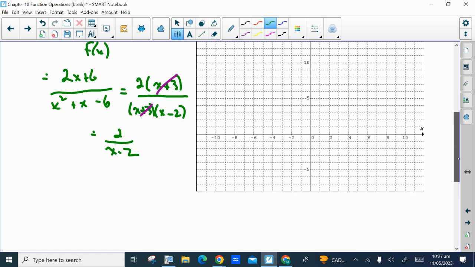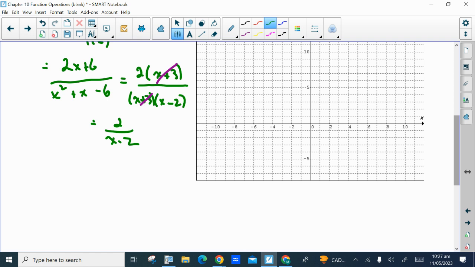So remember back from chapter 9, what this tells us is that you will have a point of discontinuity at the point where x equals negative 3. Our non-permissible values come from the original expression. Negative 3 is a restriction on the original expression.